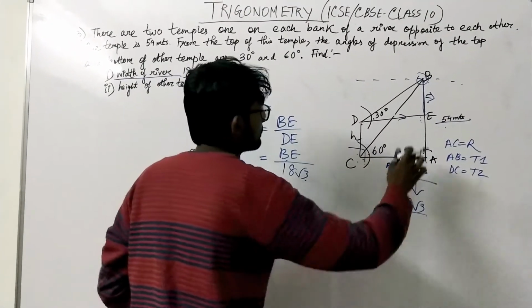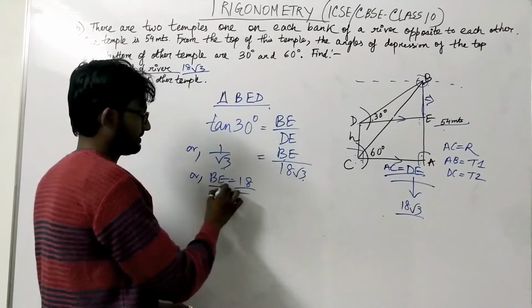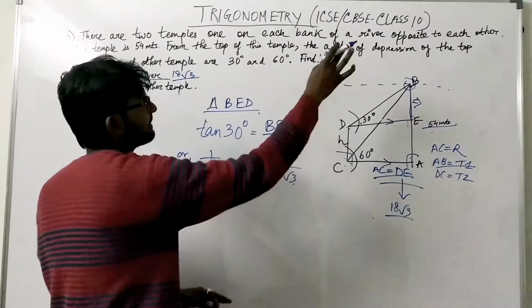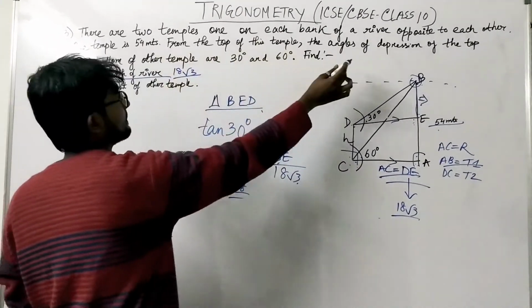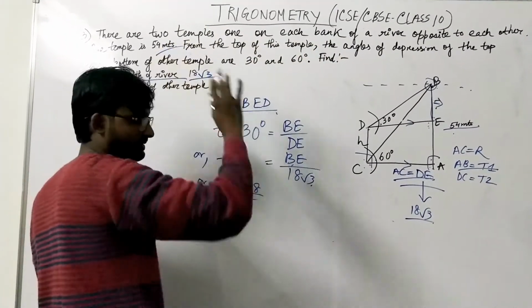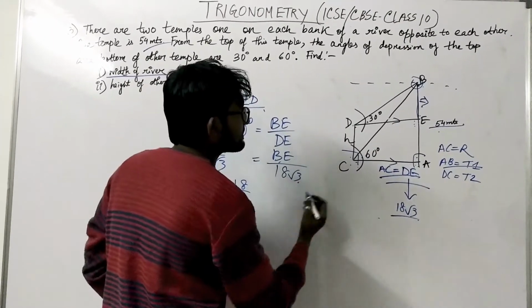So now we know BE, and we know AB from the very beginning, 54, the main temple, that was 54.